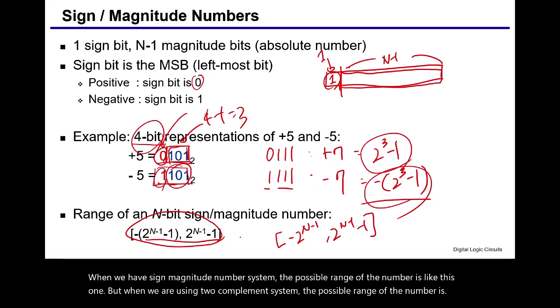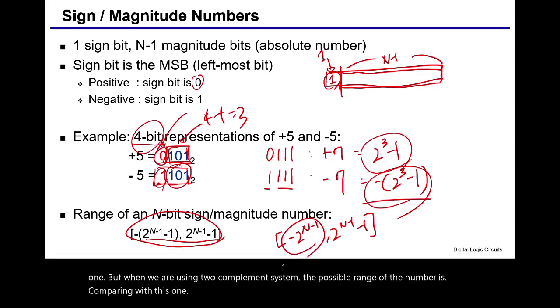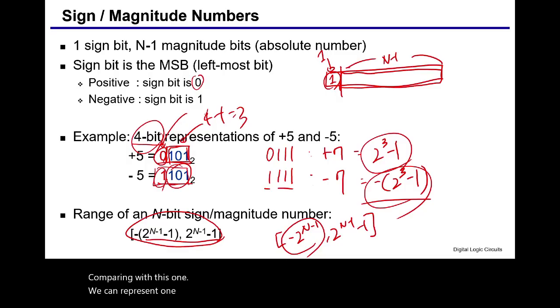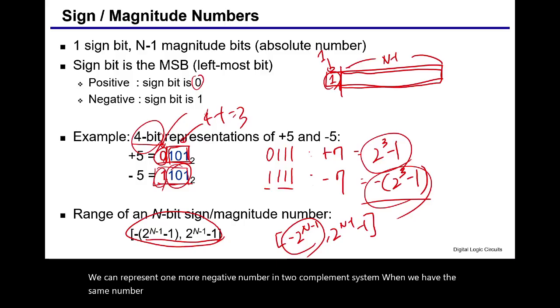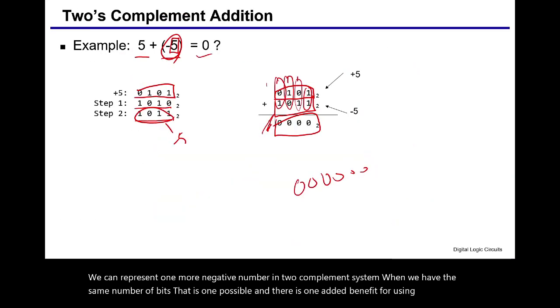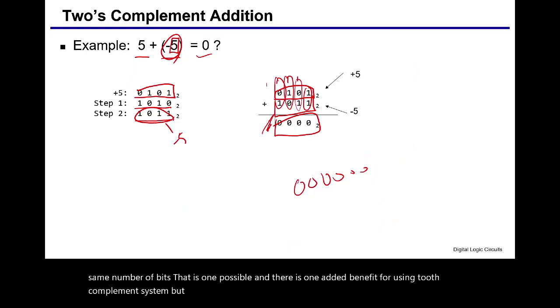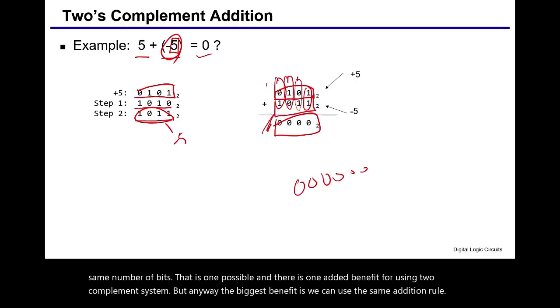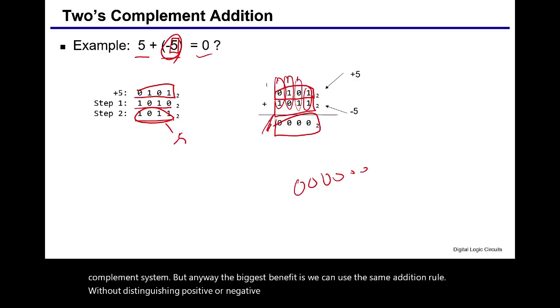Comparing with this one, we can represent one more negative number in two's complement system when we have the same number of bits. That is one added benefit. But anyway, the biggest benefit is we can use the same addition rule without distinguishing positive or negative numbers. You can just add those numbers as if we are adding two positive values, and we are still getting the correct value.